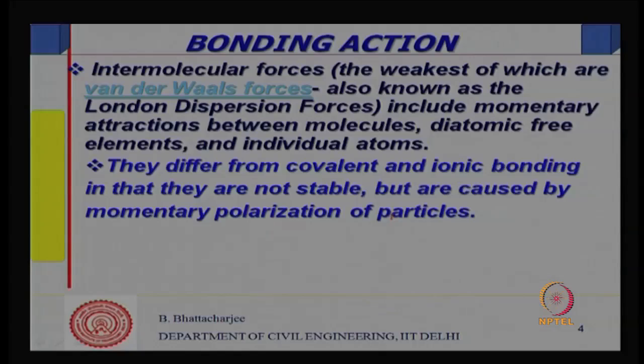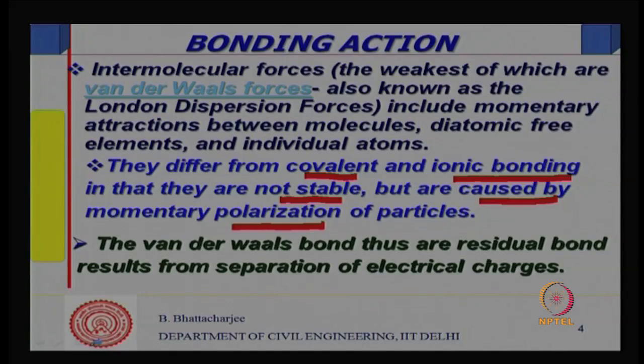Now, these ones are intermolecular forces. So, they differ from those covalent and ionic bonding, because these are not stable bonds and are caused by momentary polarization of particles. So, van der Waals bonds, thus, are residual bonds that result from separation of electric charges.